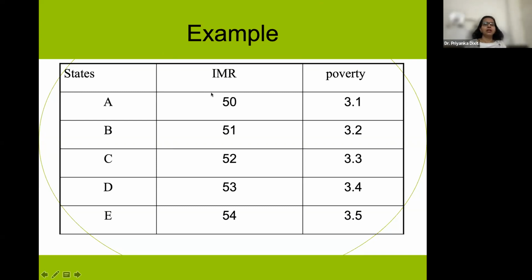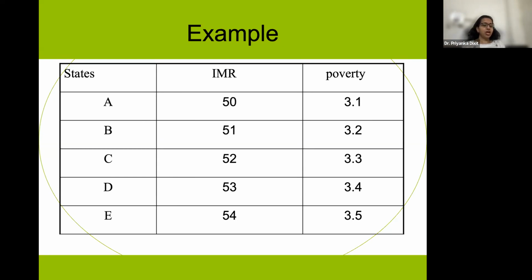Now I will briefly give you a sense of regression. So what is regression? In correlation and chi-square, we are using only two variables at one time, whether blood pressure is related to the number of minutes you spend on exercise, or whether the IMR is related to poverty.